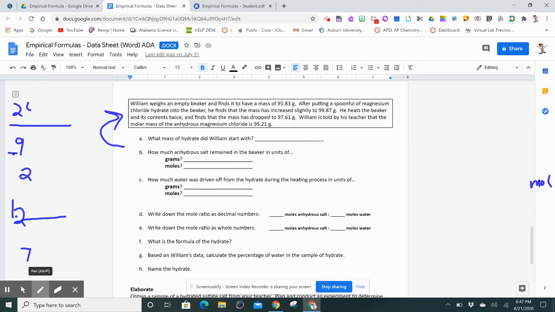Then, based on this mole ratio, you would determine what the formula of that hydrate is. And then you can determine the percent of water that's in there. And then we'll skip H, naming the hydrate.